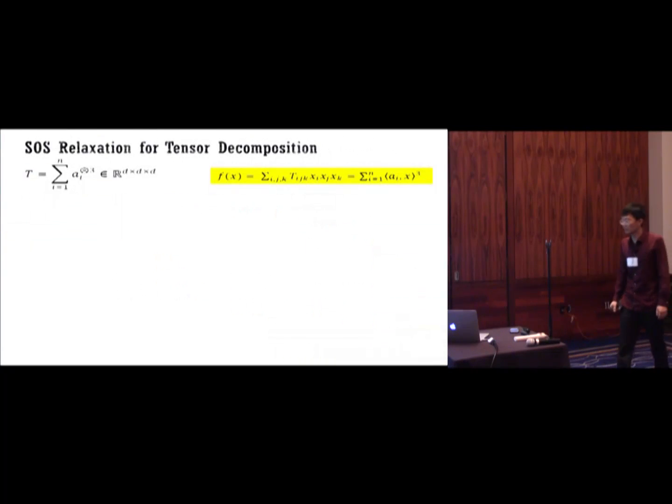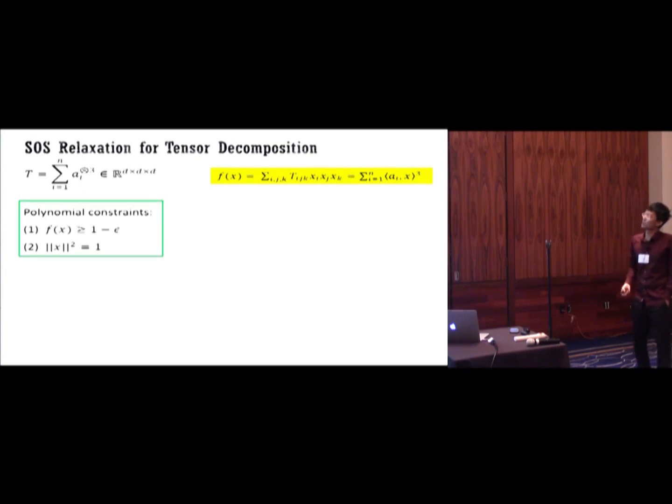So let's see how we use it for our problem. We have to start with a polynomial program and then do the relaxation. So let's see what polynomial program we want to write. Let's consider this function f of x, which is the multilinear form defined over the tensor T. And because the tensor is a low rank tensor, you can write this multilinear form as a summation of ⟨a_i, x⟩ cubed.